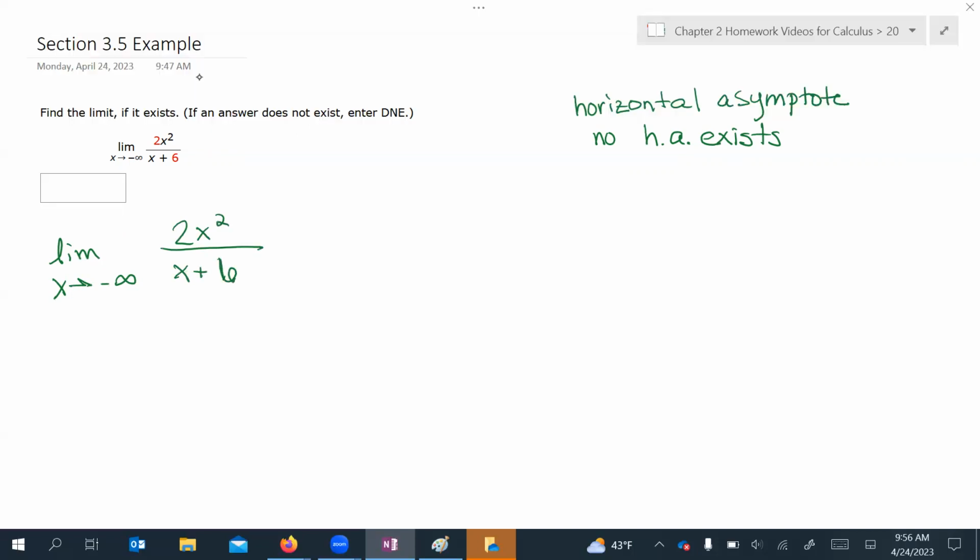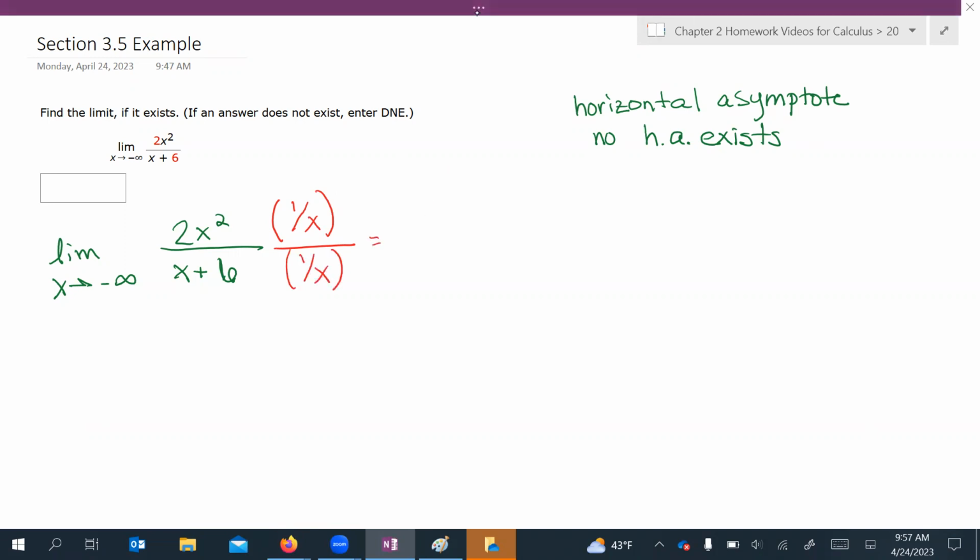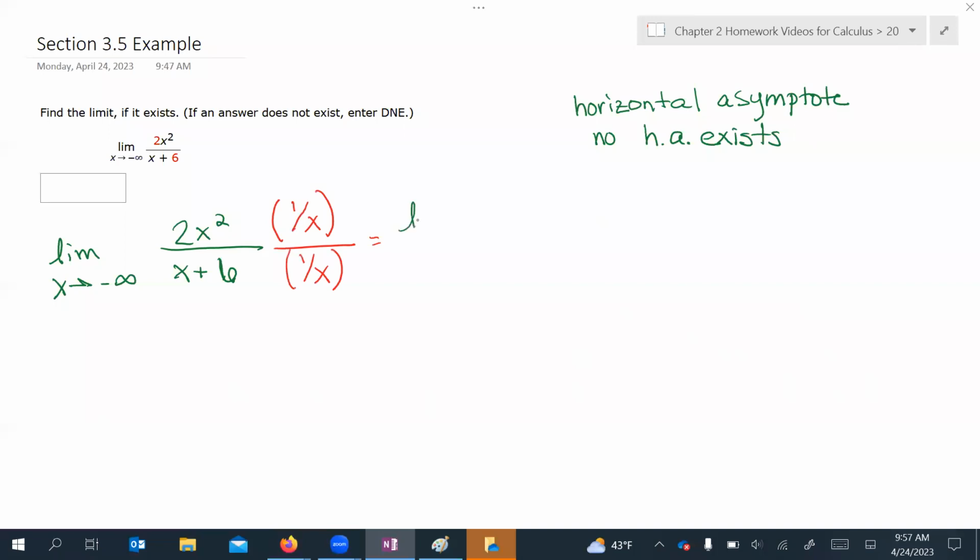I multiply numerator and denominator by a well-chosen 1. In this case, I'm going to do 1 over x squared. Actually, let's do 1 over x. So then this is going to have the same limit as x approaches -infinity.